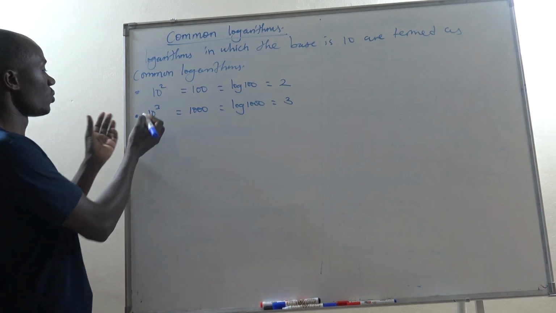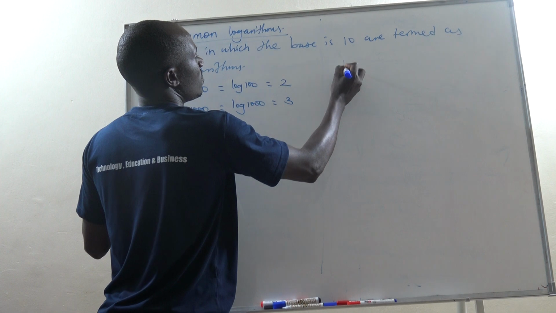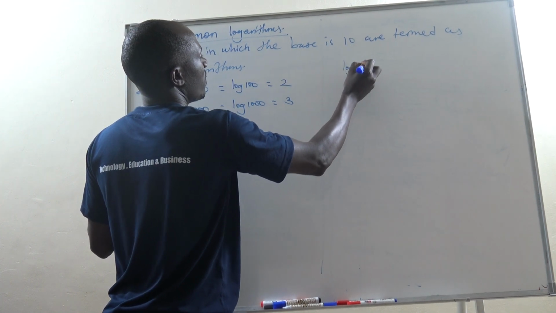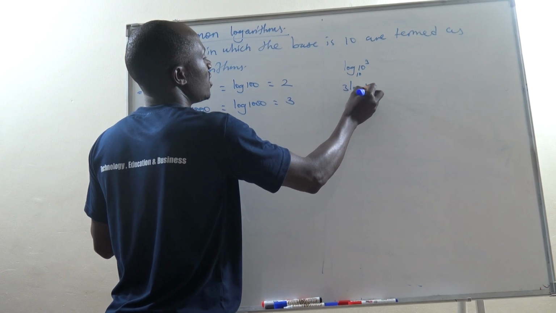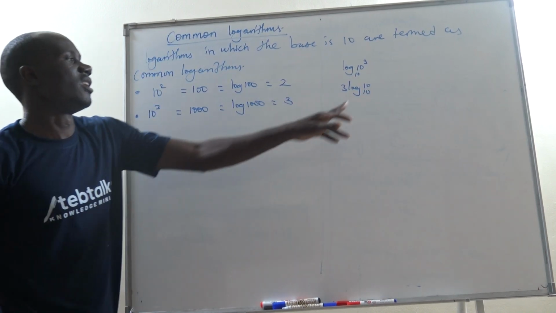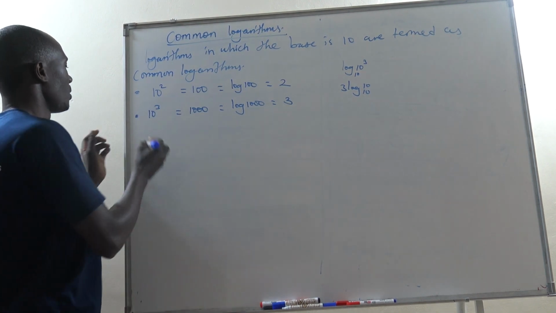Where did it come from? When you say log of 10 power 3 base 10, the 3 comes in front, 3 log of 10 base 10. And we said log of a number to the same base is 1.